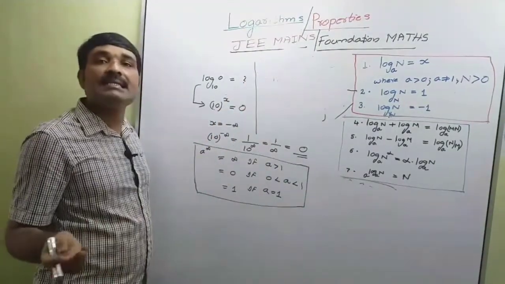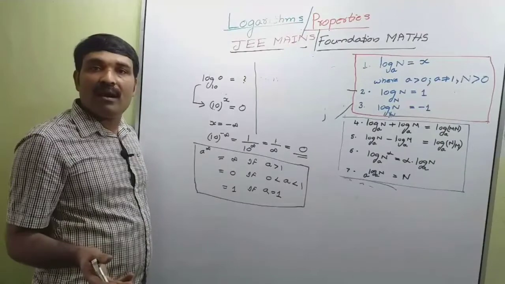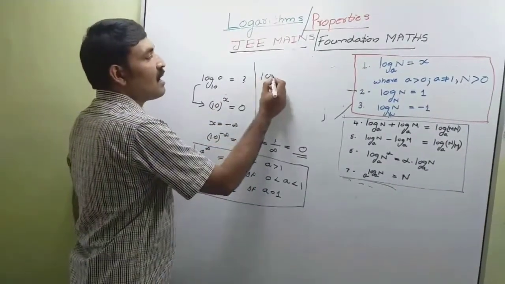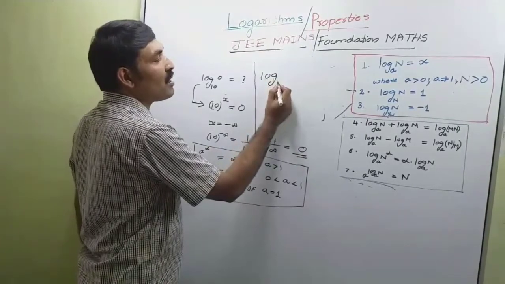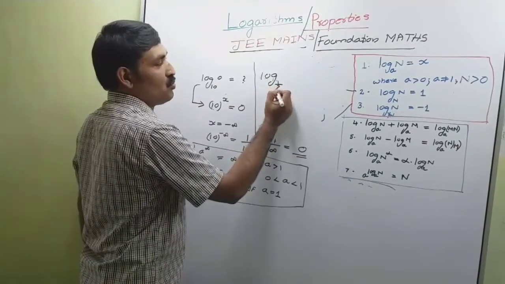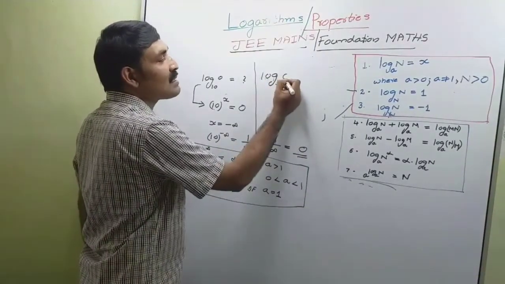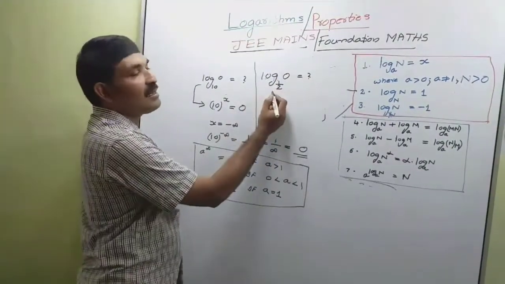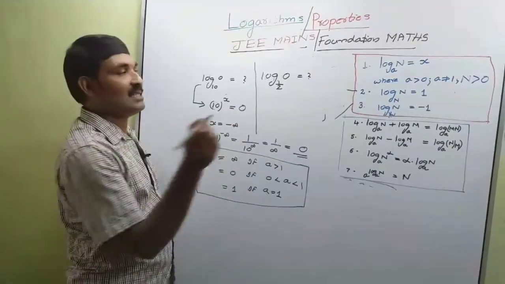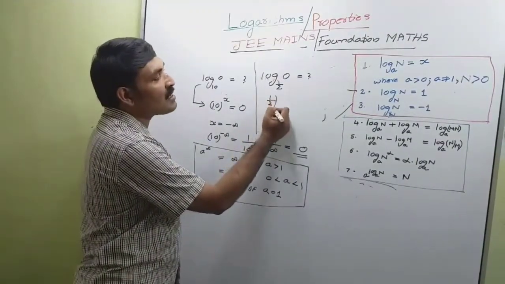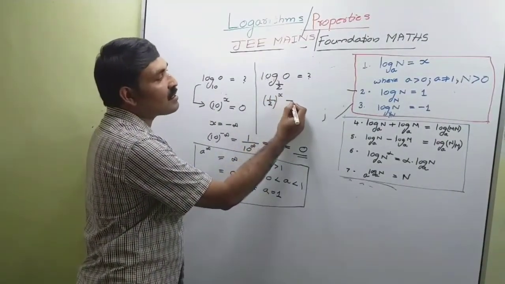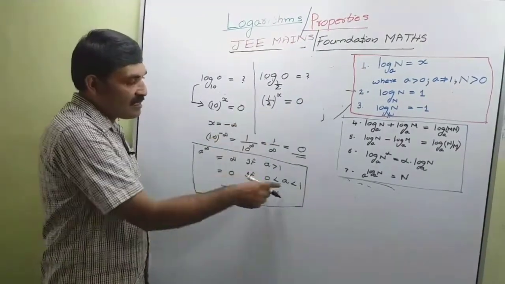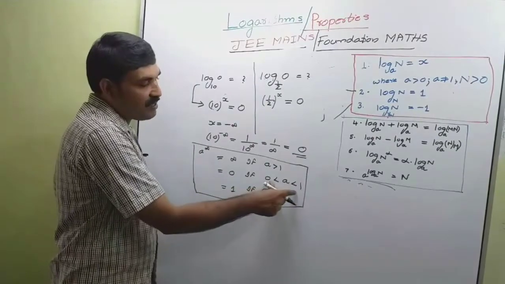Now suppose the base is less than 1, that is, lies between 0 and 1. That means log of, let the base be 1 by 2 and the number is 0, is equal to what? Now we can write this in exponential form as (1 by 2) raised to x is equal to 0. Here a is between 0 and 1.